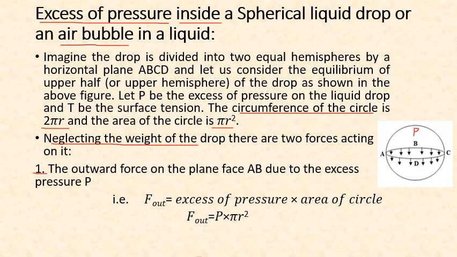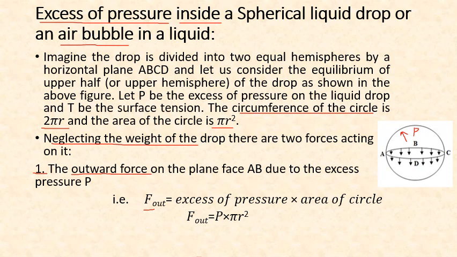First one, we have outward force on the plane of the surface ABCD due to excess pressure P. This outward pressure is put by the liquid onto the surface, or in case of an air bubble, put by the air onto the surface. We take it as F outward.